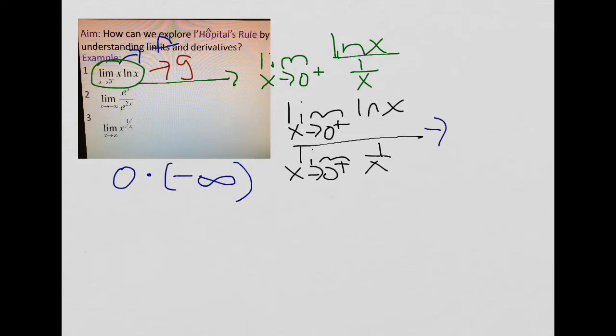The derivative of ln of x is 1 over x, and the derivative of 1 over x is negative 1 over x squared. We've been taking derivatives for a while now, even when we're going through integration. I have to write limit there, I apologize.